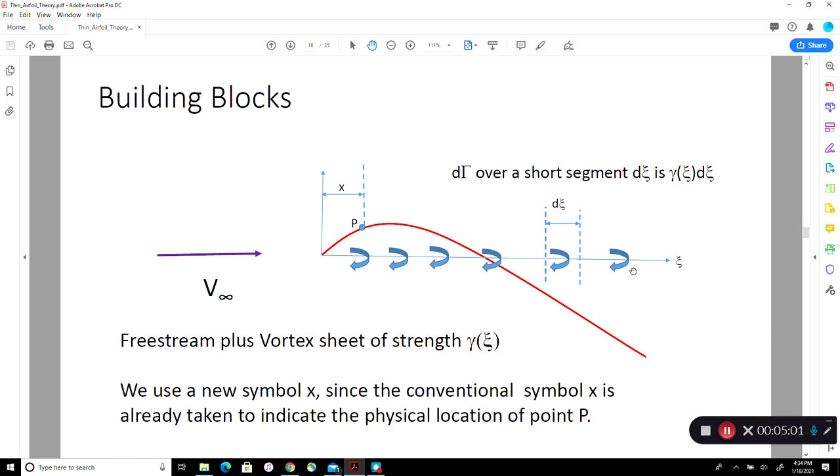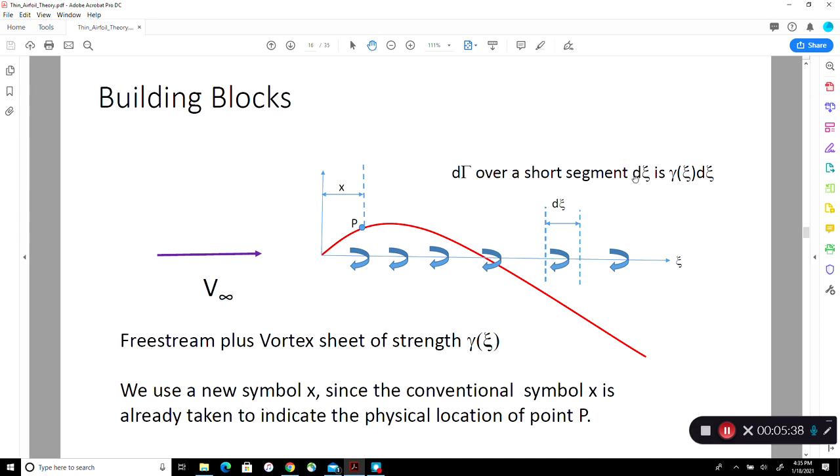So within the framework of our small disturbance theory, or small perturbation theory, we can approximate the vorticity distribution over the red line by an equivalent vorticity distribution on the blue line, which is the chord line. So we chop up the chord line into tiny segments of width delta xc, and within this line you have this much amount of circulation that is originally on the upper surface and lower surface boundary layers. We have just lumped it here.